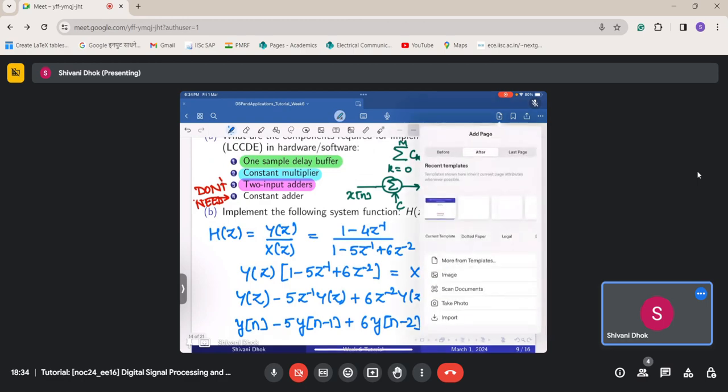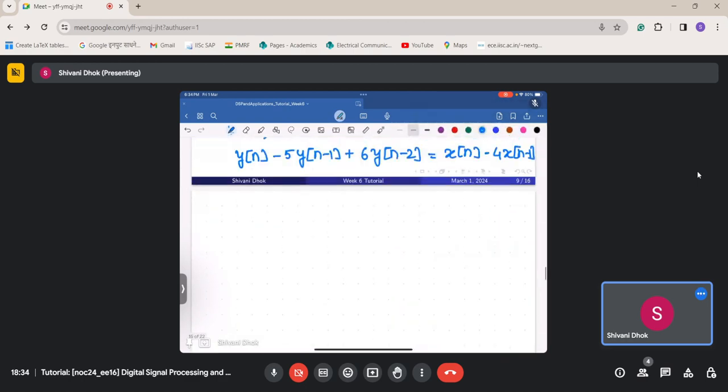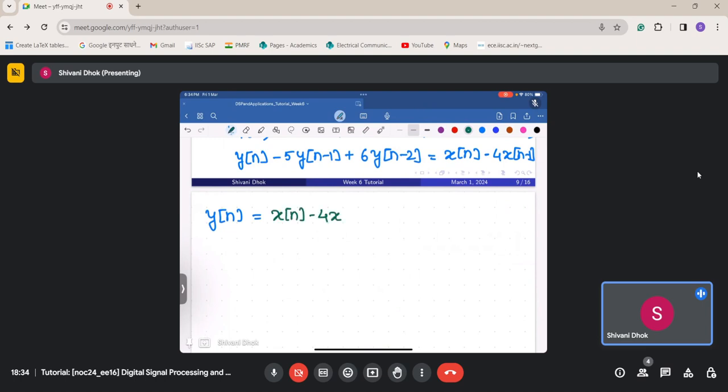So y of n is equal to x of n minus 4 times x of n minus 1 plus 5 times y of n minus 1 minus 6 times y of n minus 2. And now we need to realize this system using the three components we have just discussed.